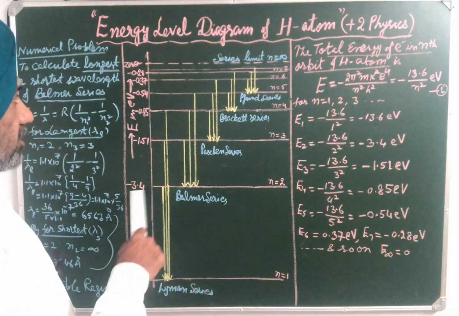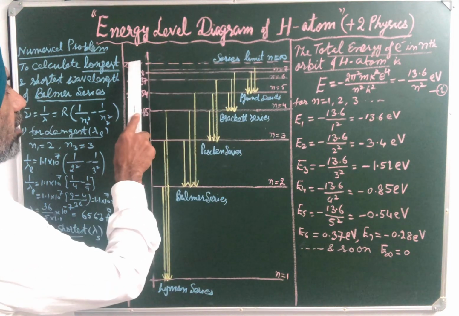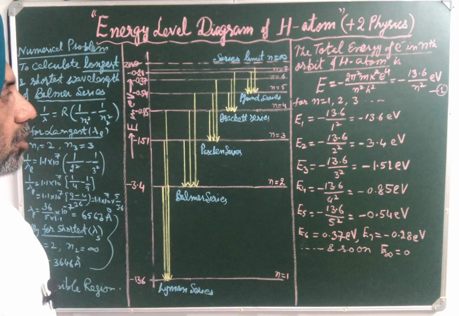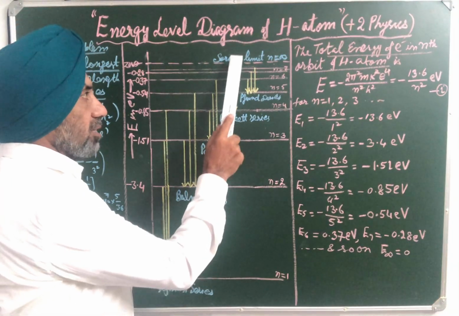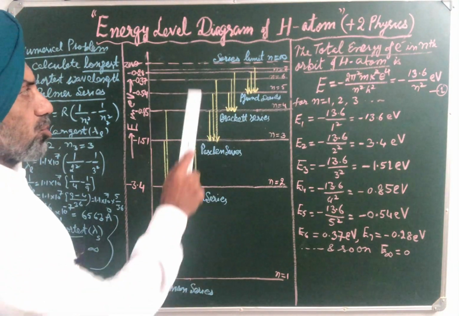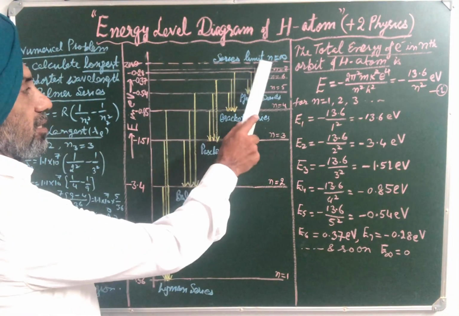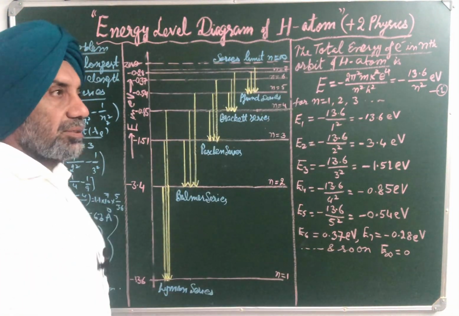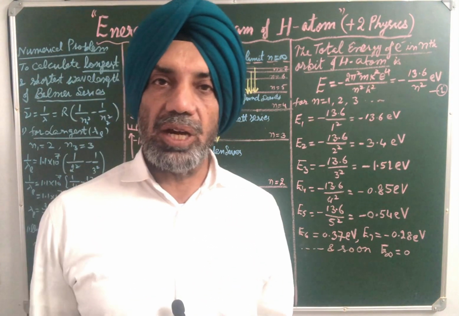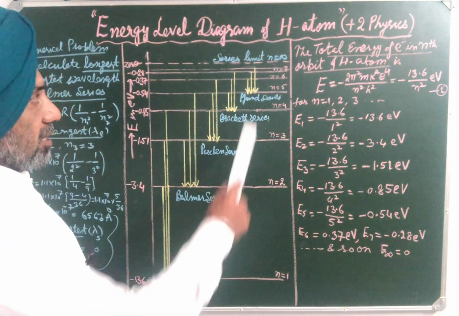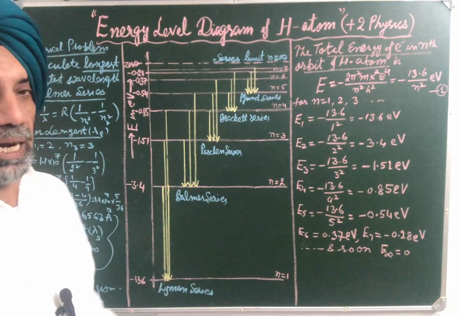So these are the energy levels, and at n is equal to infinity, it will be 0. It means the topmost energy levels, when n is large, are very close to each other, and at n is equal to infinity, they just coincide. This is known as the energy continuum, because at this stage, at n is equal to infinity, the electron becomes free.